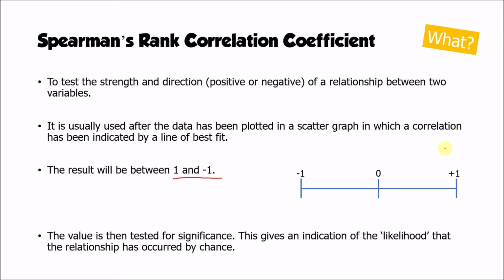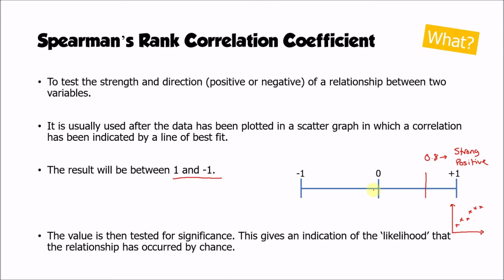So if we got a value that was very close to 1, let's say 0.8 or above, then we could think about that as being a strong positive correlation. Okay, so on a scatter graph, our points might look something like this, where as one variable increases, another decreases.